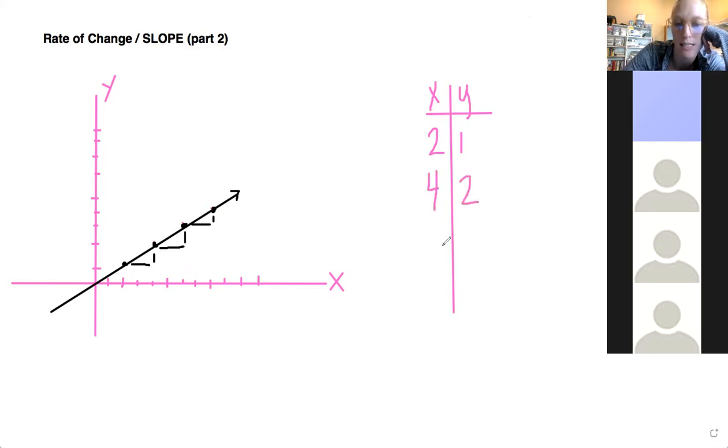When I went over to 6, it went up to 3. And when I went over to 8, it went to 4. So if we recall, our rate of change was 1 over 2. How does that show up in our table over here? How does 1 over 2 show up in our table?